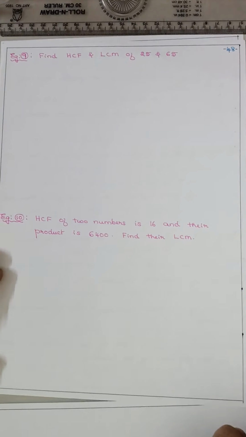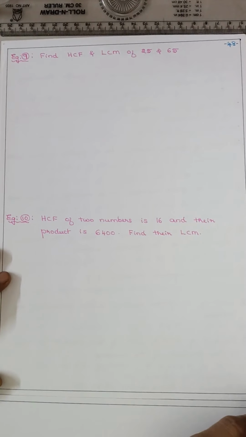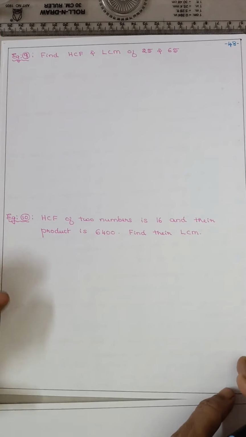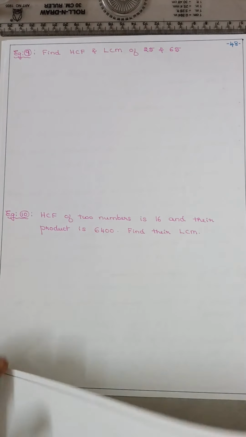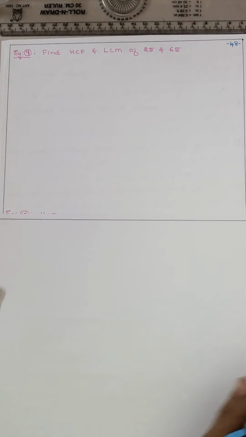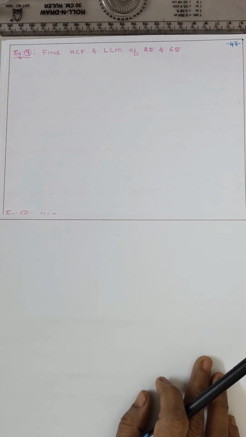Example 9, find HCF and LCM of 25 and 65. 25 and 65 इसके HCF एंड LCM को फाइंड आउट करो. ओके, तो लास्ट प्रॉपर्टी हम क्या बोले?